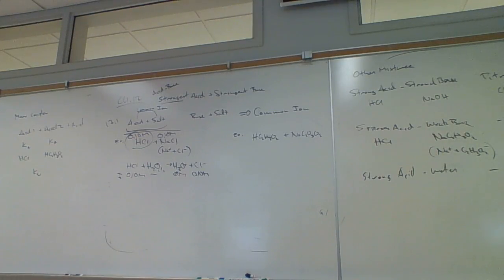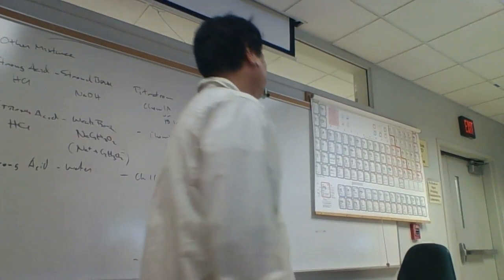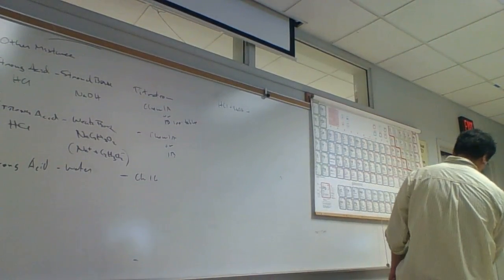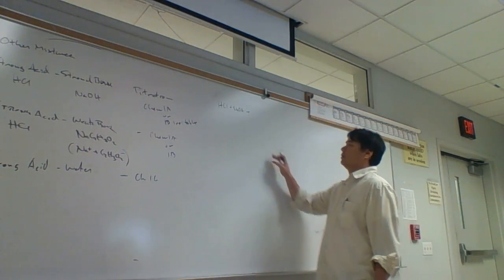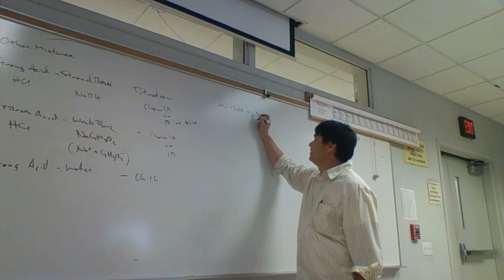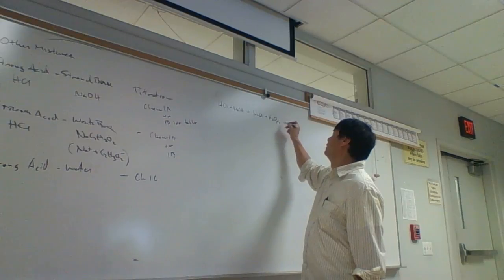The reason why these are like Chem 1A style problems is because of this. The most likely reaction would be with the strongest acid present. Let's go back to here. Strongest acid present is HCl, strongest base present is sodium hydroxide. What forms here? HCl and sodium hydroxide is going to produce what? HCl and sodium hydroxide produces NaCl and H2O.